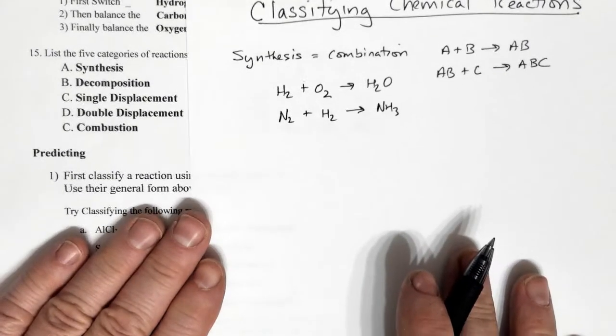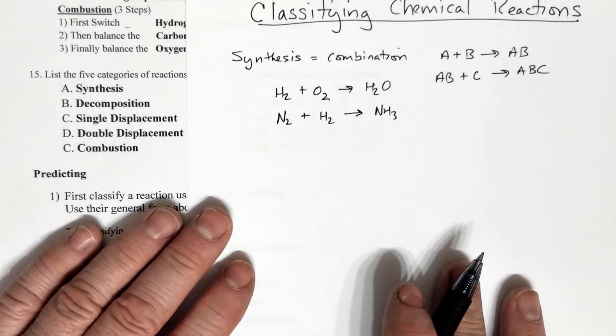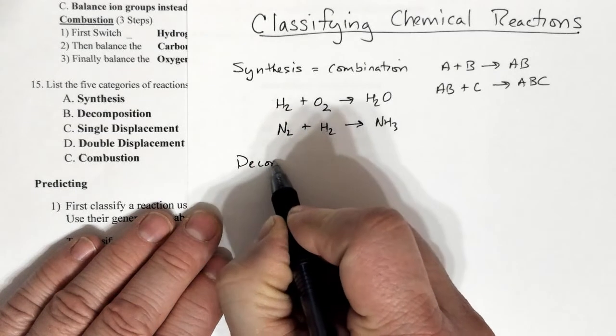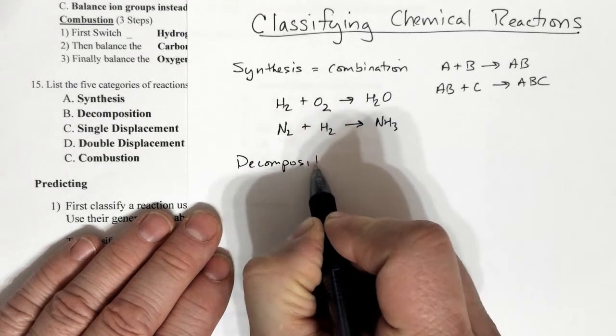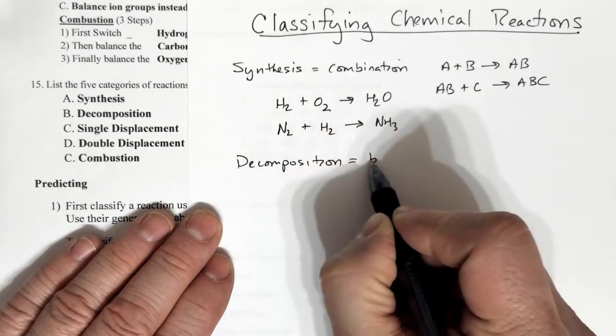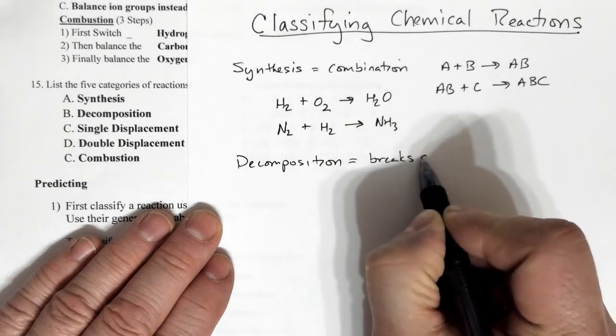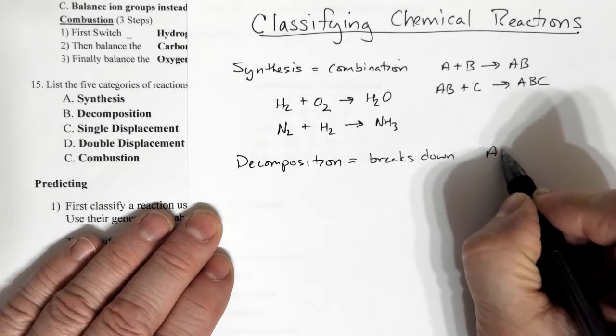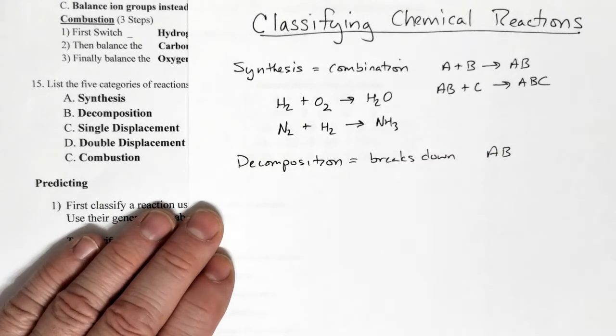Decomposition is actually just the opposite of synthesis. It's when things decompose, and that means it just breaks down. It's not hard to visualize. You have a material, and these are very easy to recognize.